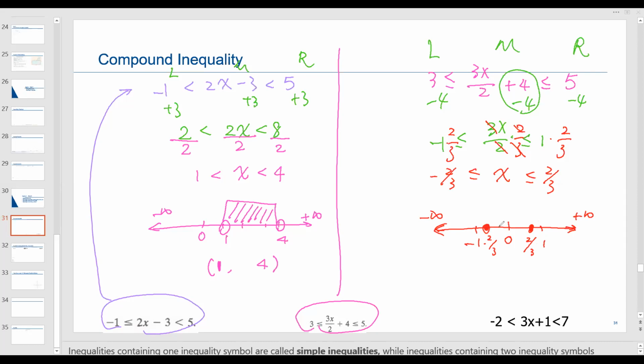Including, we use the black filled dot. In between these two. That's it. So when we do the interval notation, we have -2 over 3 and 2 over 3, including, so we use the bracket. Including is a bracket. So that's it, we got these answers, right?